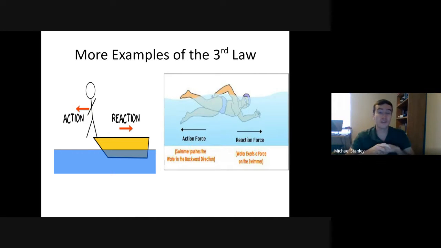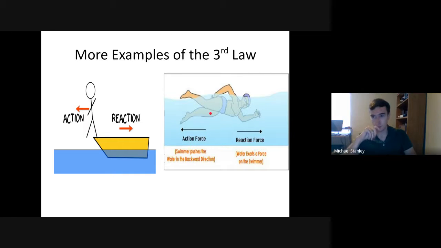But if you ever do this, especially on the edge of the boat, or on a skateboard, you're probably going to roll forward and hit your face flat on the ground or flat on the water. And that's because the boat or the skateboard is going to move back in the opposite direction. So while you're pushing to go forward, you're also pushing against this boat or skateboard, which is going back in the opposite direction. Same thing if you're swimming, right?